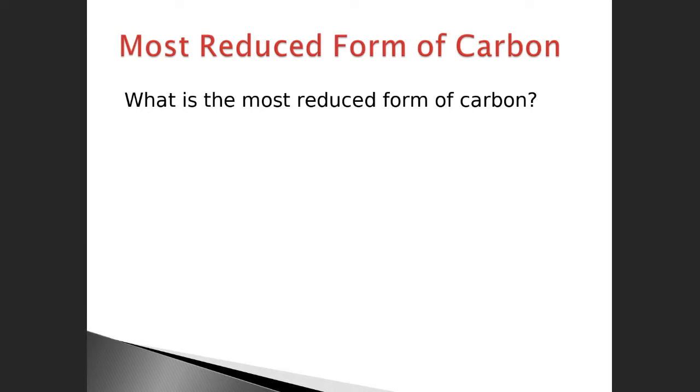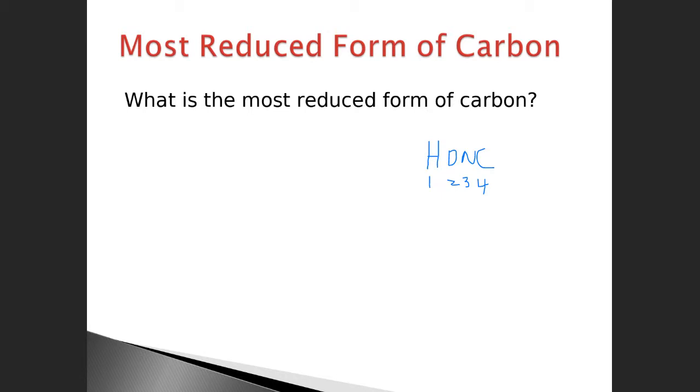So if I asked you to draw the most reduced form of carbon, you have to remember HONC, 1, 2, 3, 4, right? And Keong's already told us that HONC 1, 2, 3, 4 is the number of bonds that these atoms have to make, right?